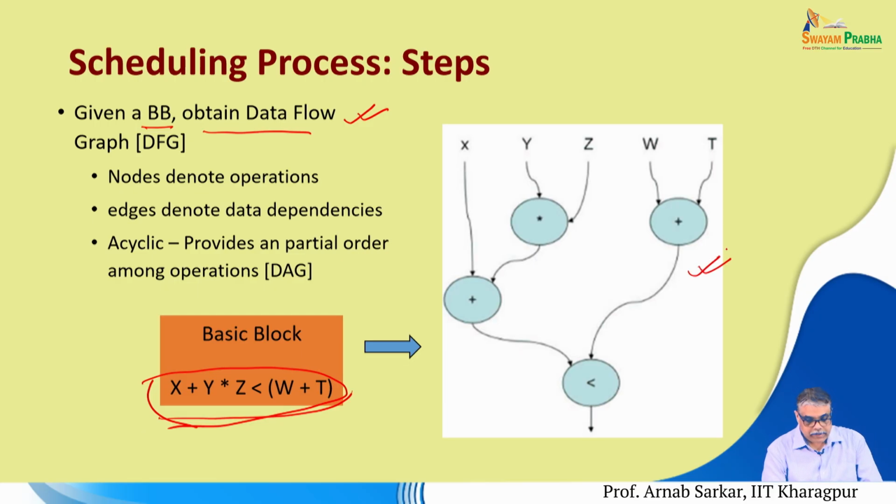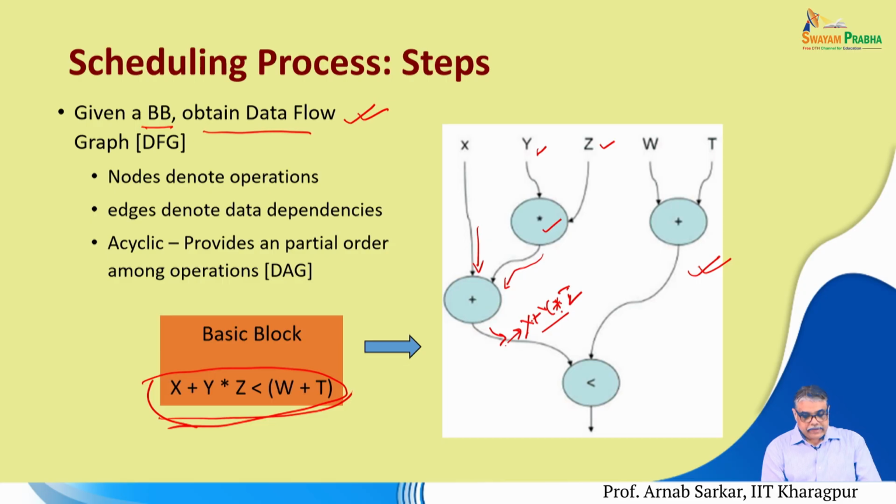Here, we have y and z, and the multiplication operation performs y into z, and then the output of this is added to x. So, the output here gives me x plus y into z.